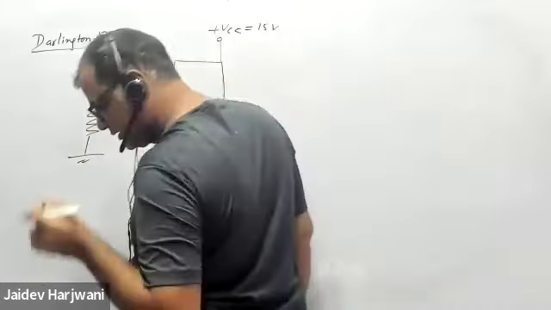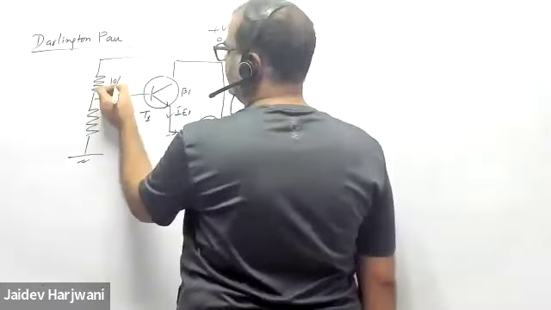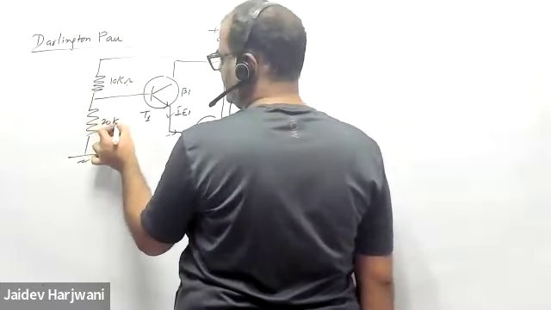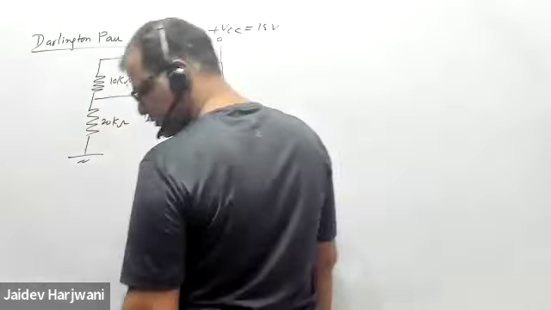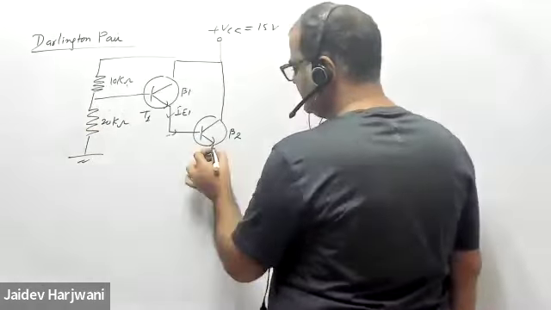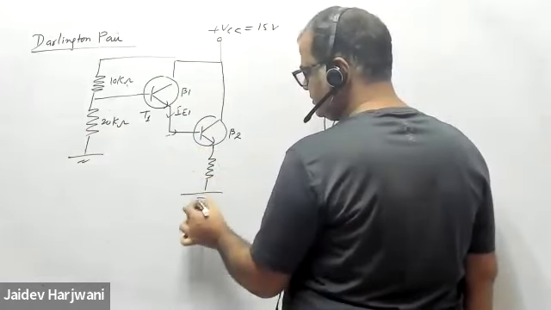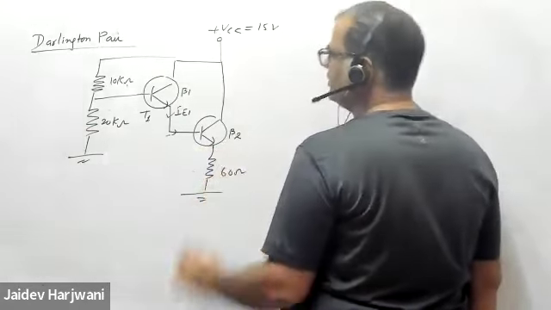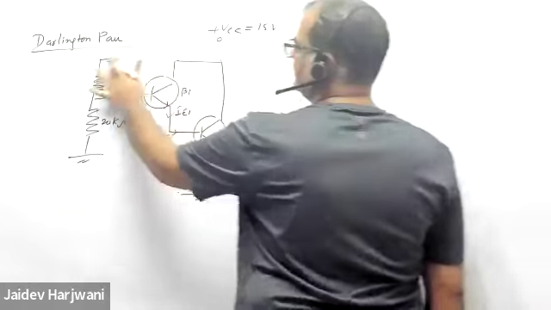So here you have a 10 kilo ohm and 20 kilo ohm, and here you have a 60 ohm resistance. This is connected directly to here.